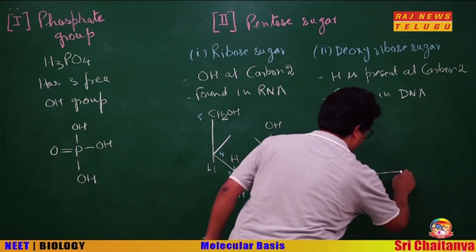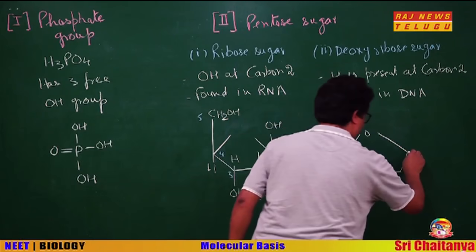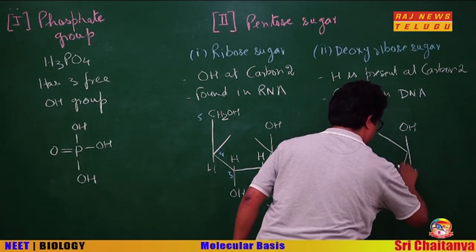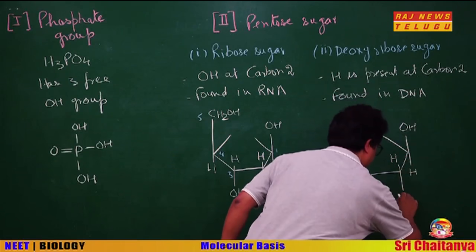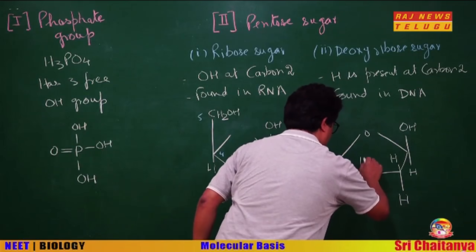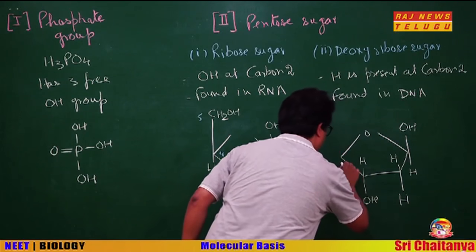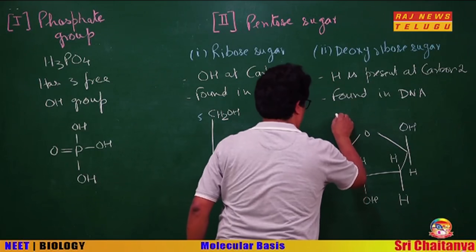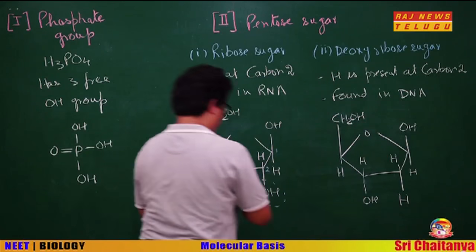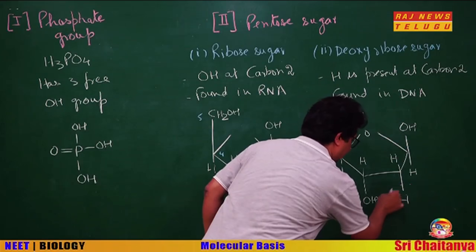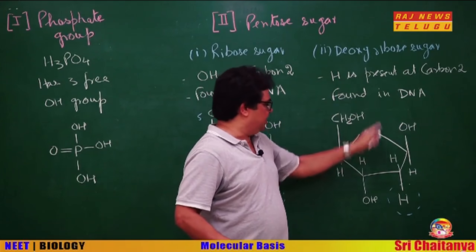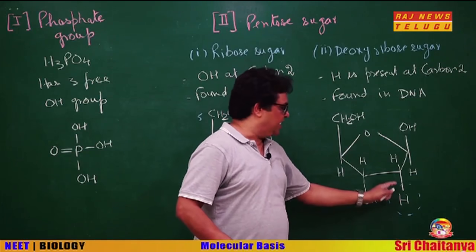See, in place of OH here there is H. So here at carbon 2, one oxygen is absent, that is why the name deoxy. So this is deoxyribose sugar, it forms the DNA.